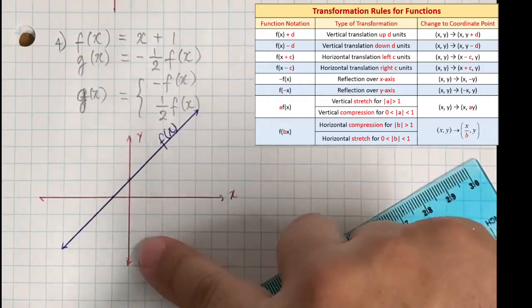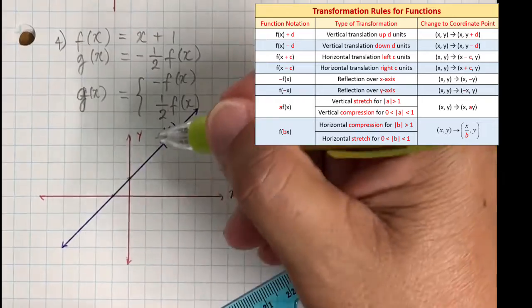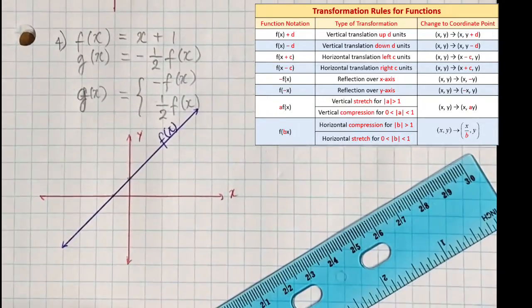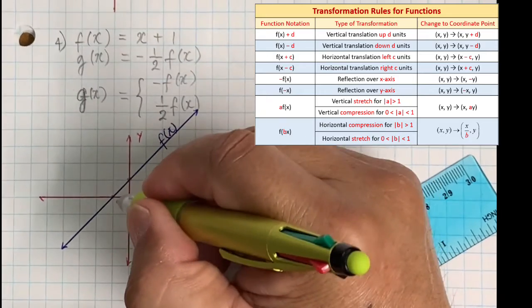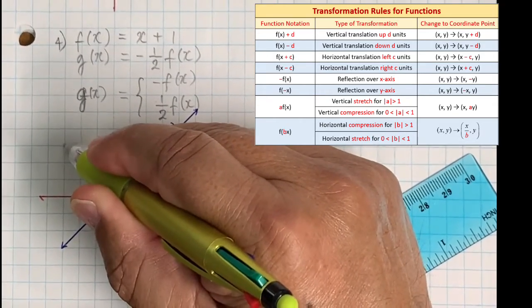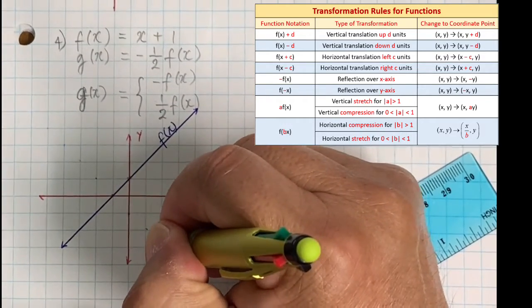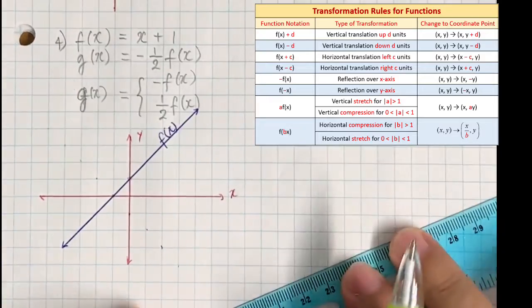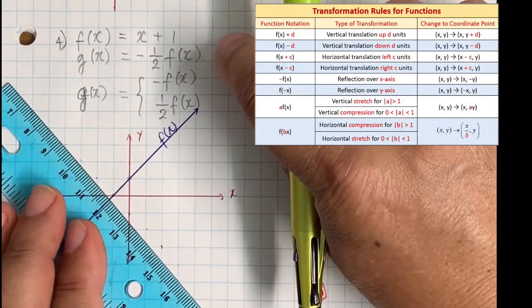So I need to flip it over the x-axis, okay? So right here, that's my negative f of x, okay? That's my negative f of x.